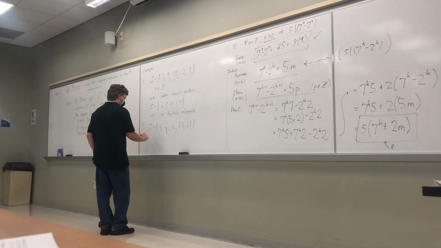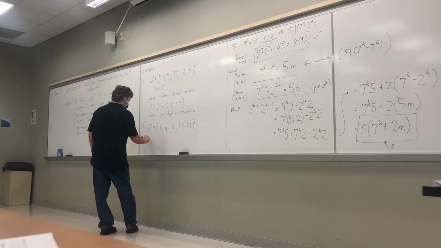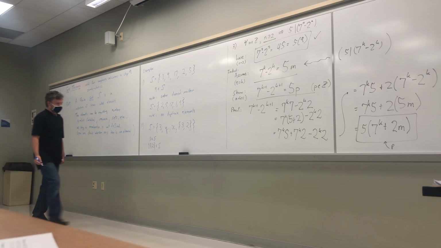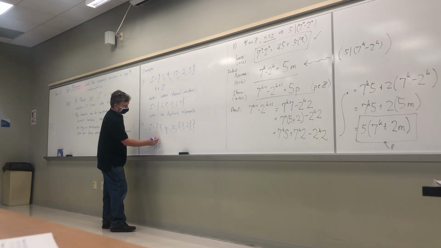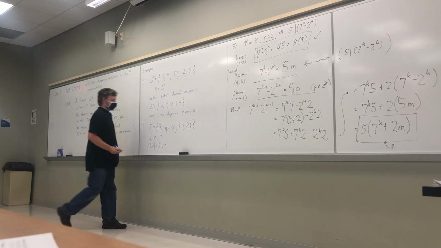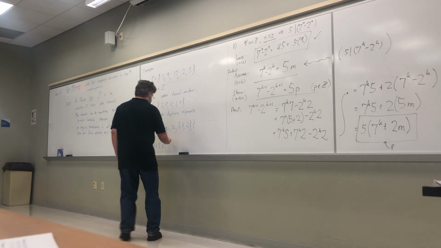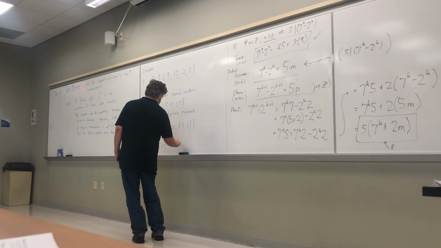For instance, here you would say 3 is an element of S. That's true. Also, the set {3, 2} is an element of S. Both of those are true statements. But 2 is not an element of S. If you wrote 2 is an element of S, that would be false.